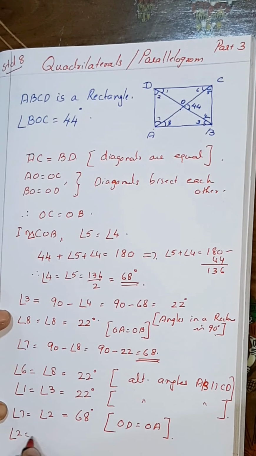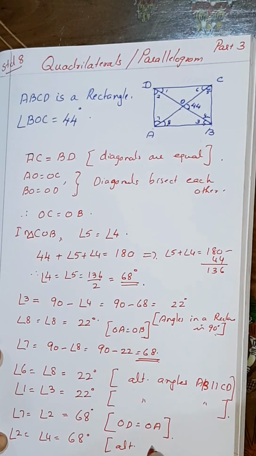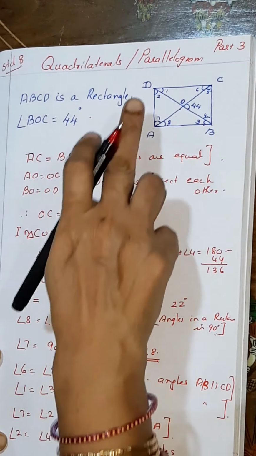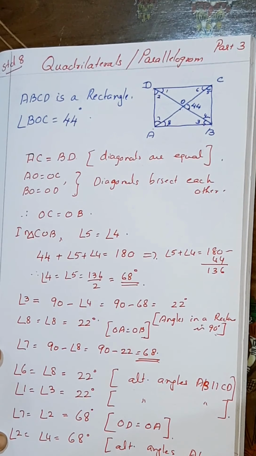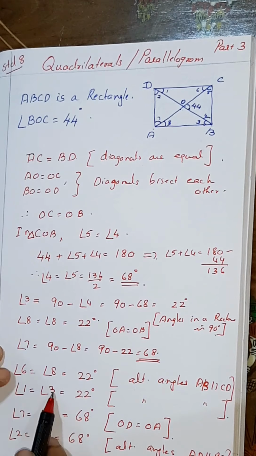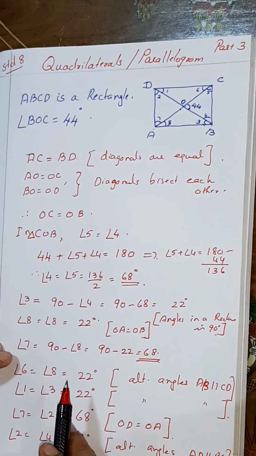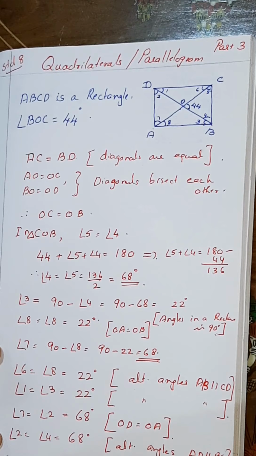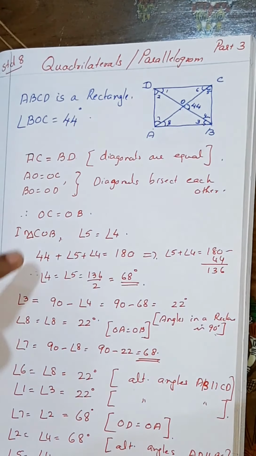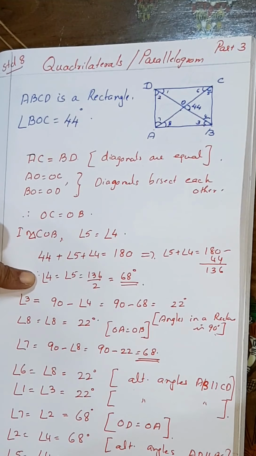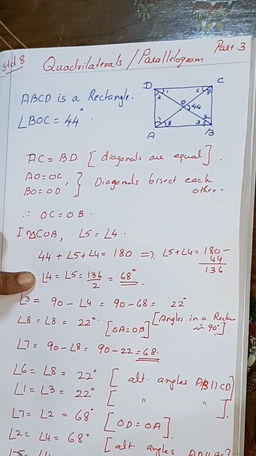So angle 2 is 68 degrees, alternate angles, because here AD is parallel to BC. So 2, 3, 4 is over, 5. Angle 5 is equal to angle 4 because they are the same. We already found 4, so no need of finding that.